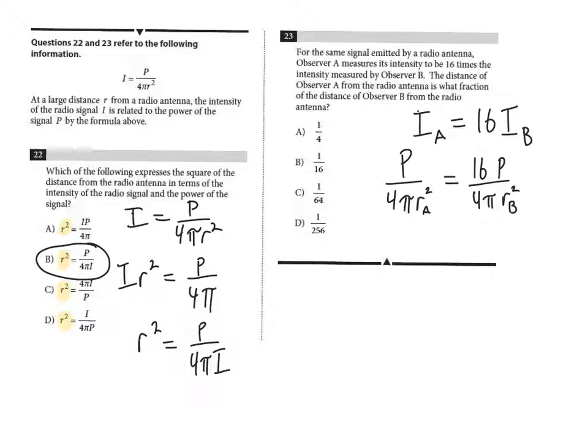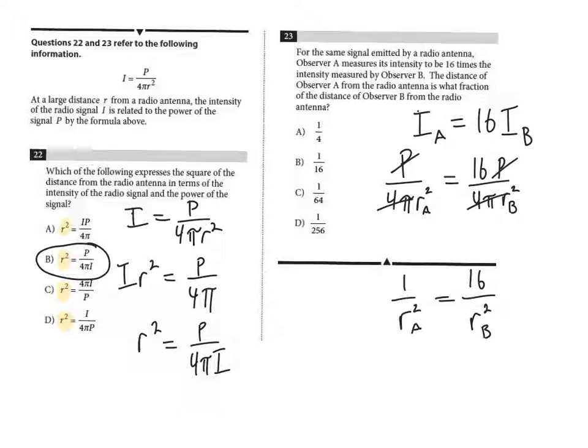That's B. Well, if we multiply both sides by 4 pi, we'll eliminate those. If we divide both sides by the power of the antenna, we'll get rid of those. What we'll have here is just 1 over the distance of A squared is equal to 16 over the distance of B squared. And we want to know the fraction of A to B.